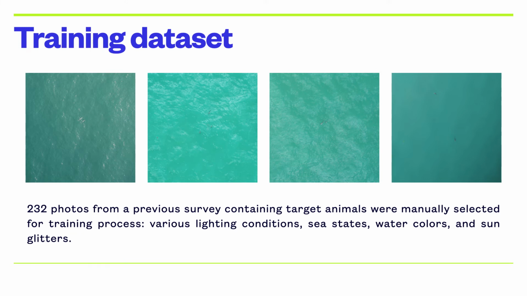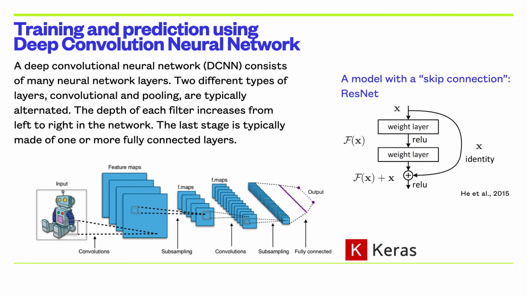So this provides opportunities for the system to understand the differences of these parameters. And then the training and prediction using deep convolution neural network.